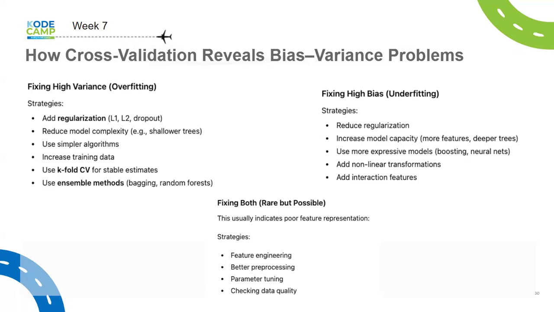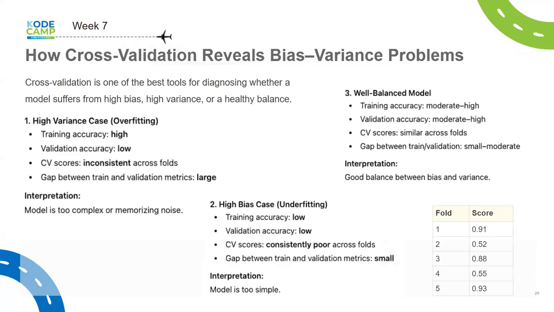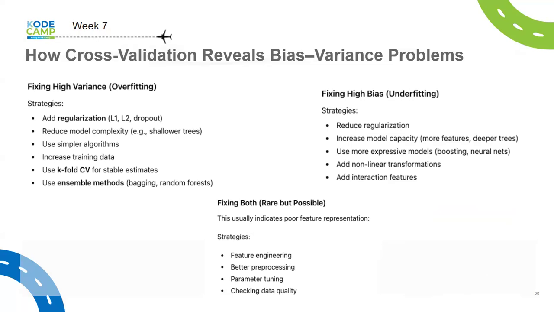So after knowing what it is based on training accuracy, validation accuracy when you are training the model, or cross-validation scores when you do cross-validation, you can also now ask yourself, how do I solve it? Right? And you can see for overfitting, you add regularization: L1 regularization, L2 regularization, dropout regularization. We'll talk more about regularization later on.